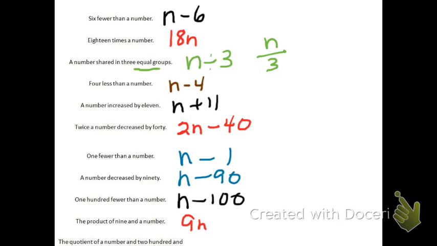The quotient of a number and 200. Quotient is the same thing as division, so a number divided by 200, or we could write it as n over 200. Okay, so you get the idea.